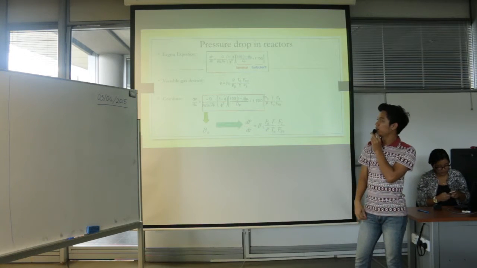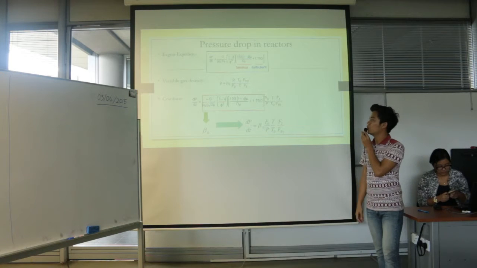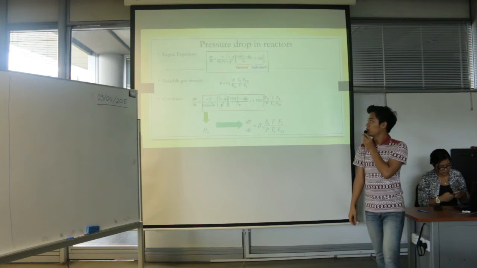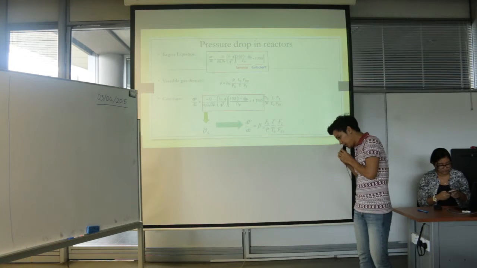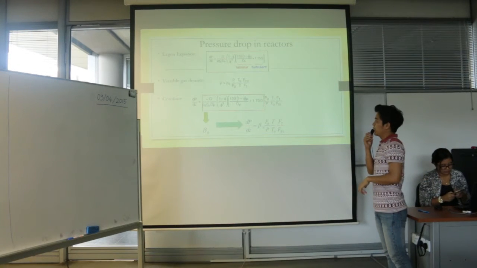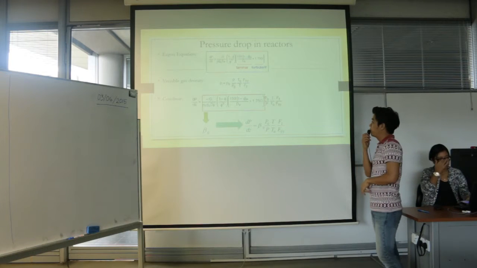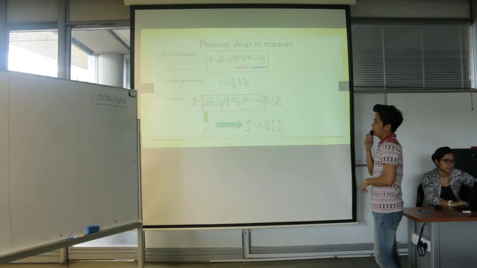So next is variable gas density, rho equal to rho0 times P over P0, then multiplied by T0 over T, then multiplied by the flow rate, FT0 over FT.